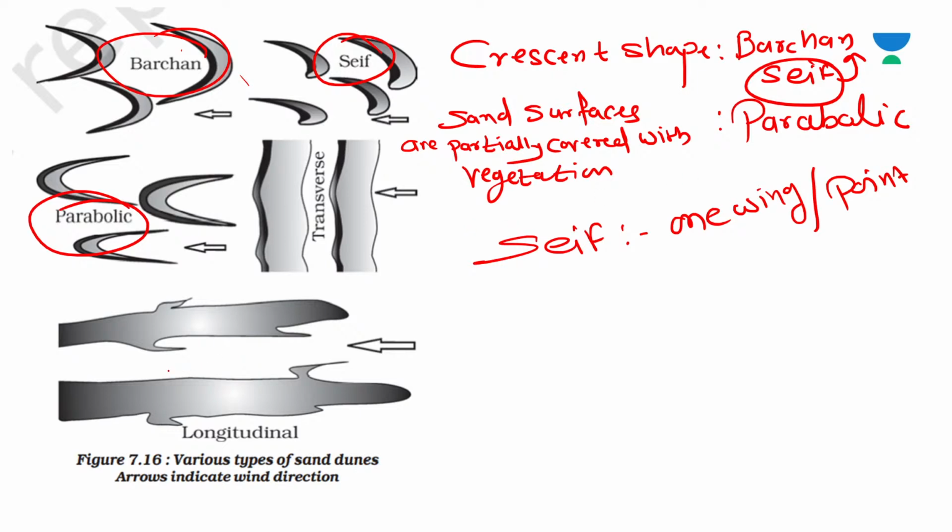So basically, these are the types of dunes. Seif has only one wing or point. This happens when there is a shift in wind conditions. The lone wings of seifs can grow very long and high.